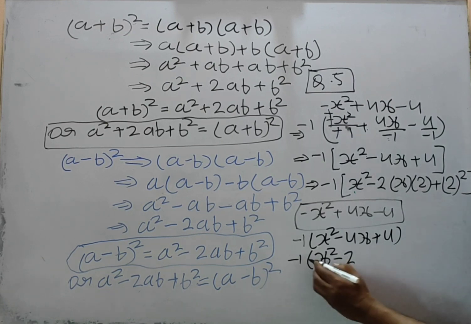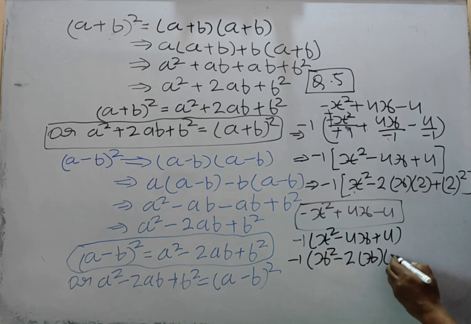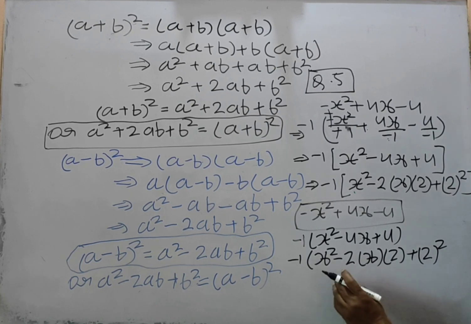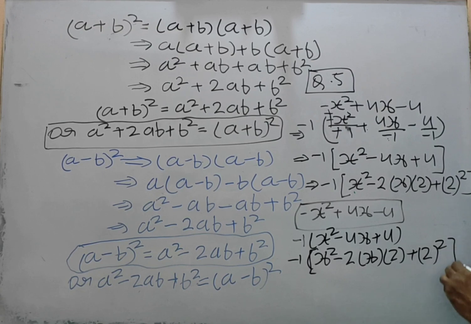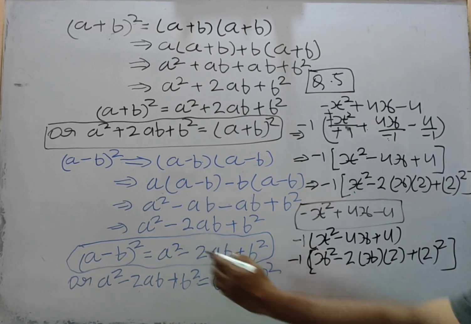And then I split the middle term. We can write it x into 2 plus 4 means 2 whole square. I write it like this, and after that, I know that a square minus 2ab plus b square is equal to a minus b whole square.